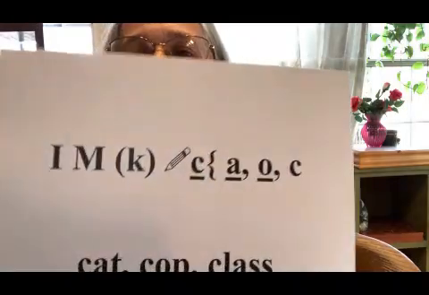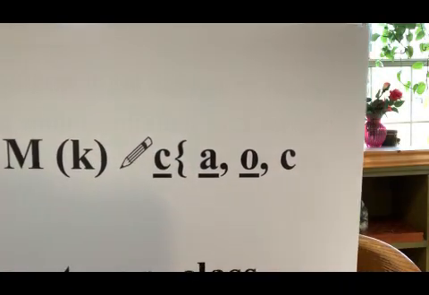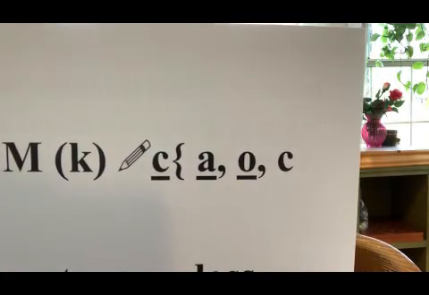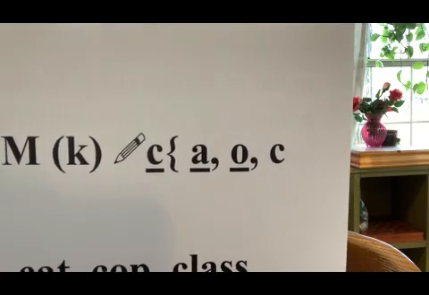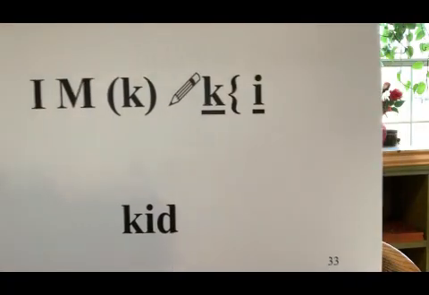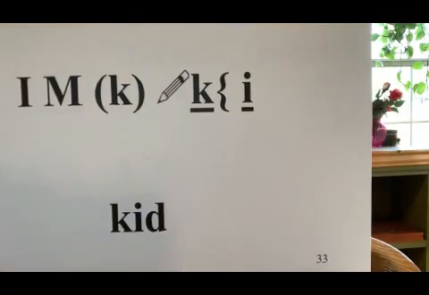Let's review some concepts. Initial or medial K is spelled C before A, O, and consonants, as in cat, cop, and class. Initial or medial K is spelled K before I, as in kid.